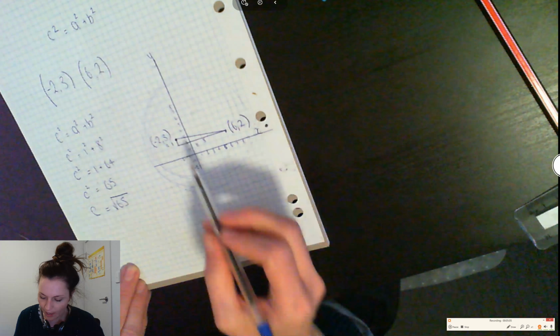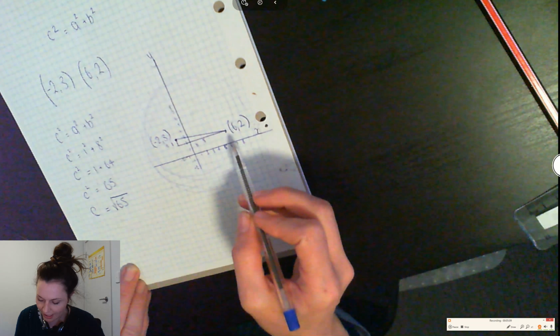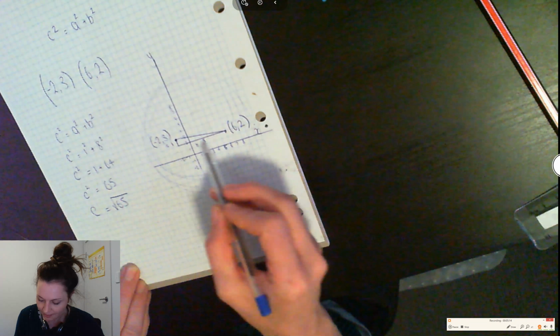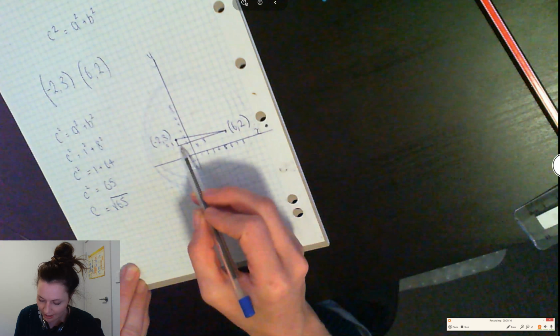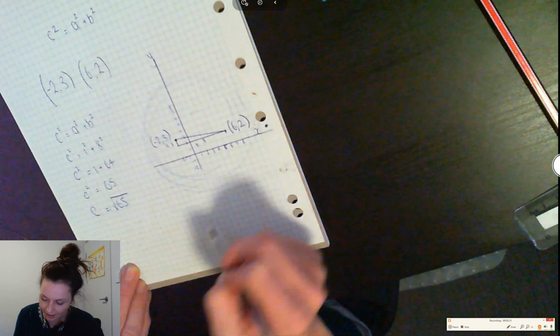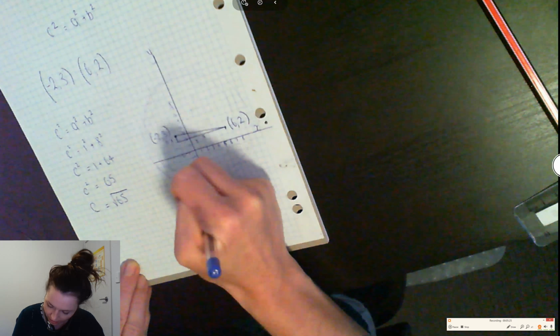A quick way, rather than drawing this up all the time, is to look at our x values first. This one is 6 and this one is -2.